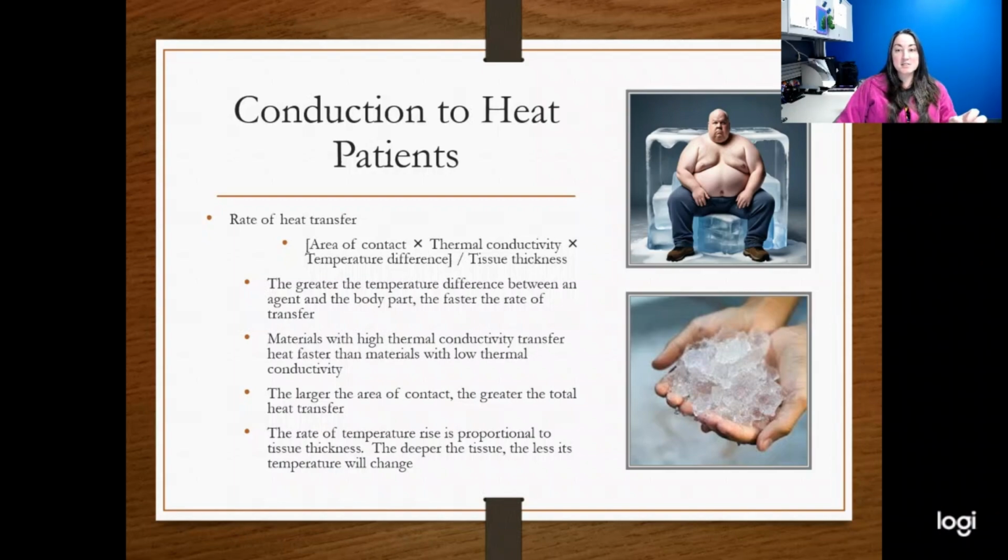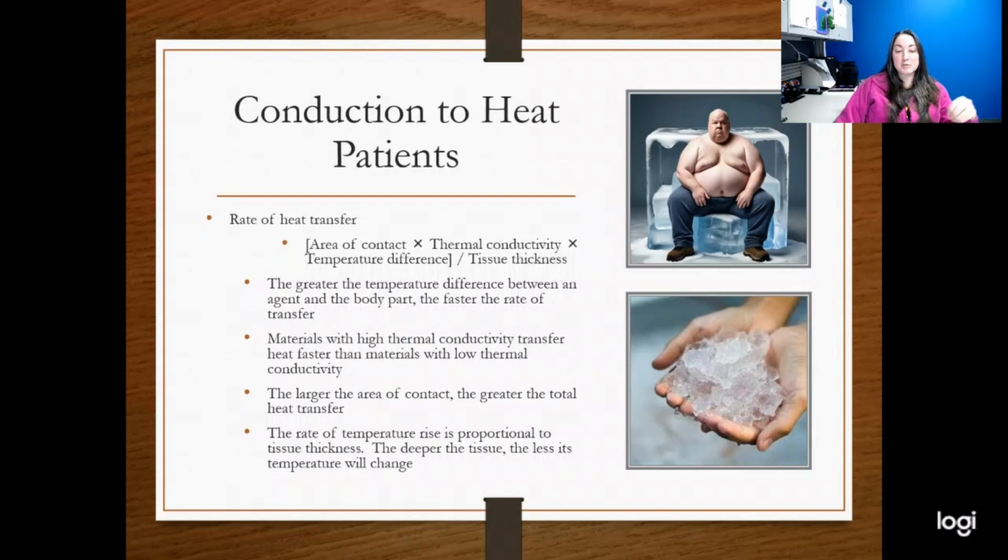The one that's most different than the body temperature will be faster. Materials with high thermal conductivity transfer heat faster than those with low thermal conductivity. And the larger the area of contact, the greater the transfer. So if you're submerged in ice, there's going to be a lot more heat lost than if you just have a little ice pack on your shoulder.